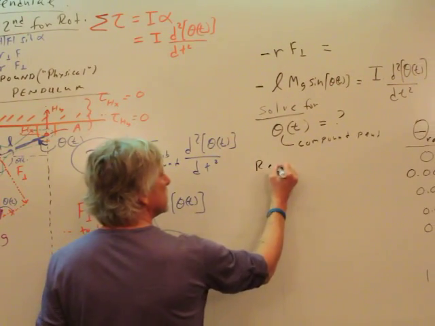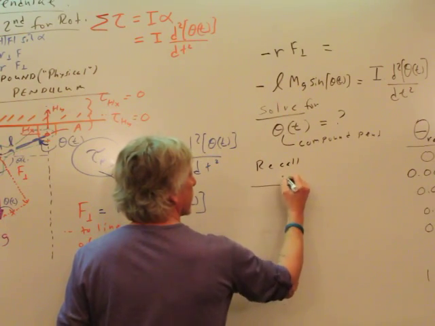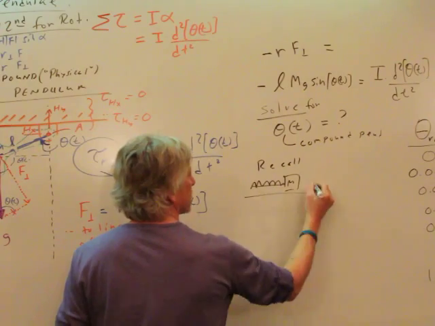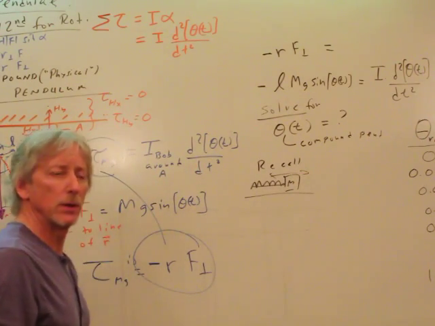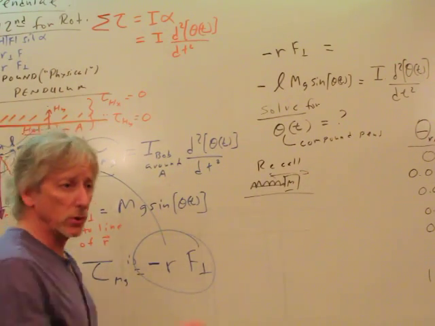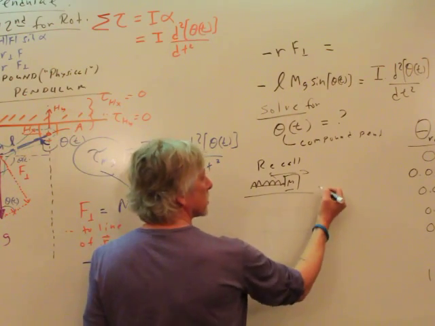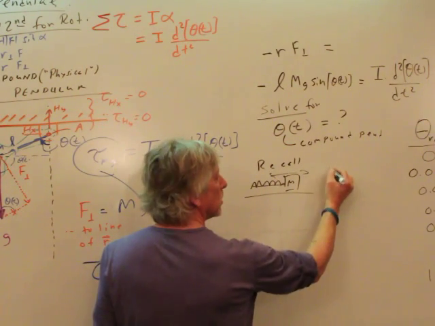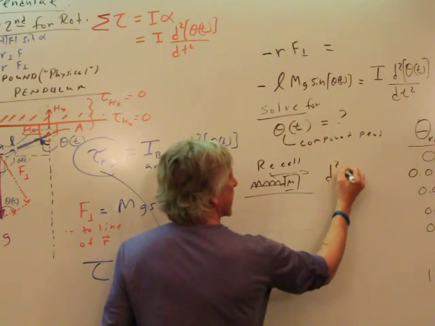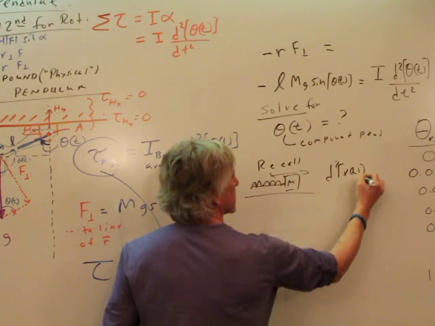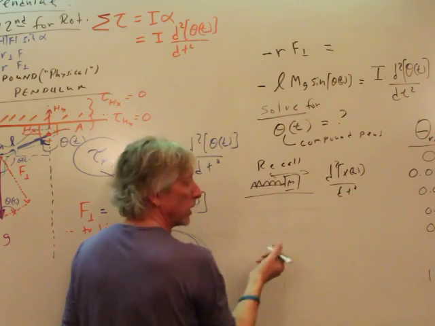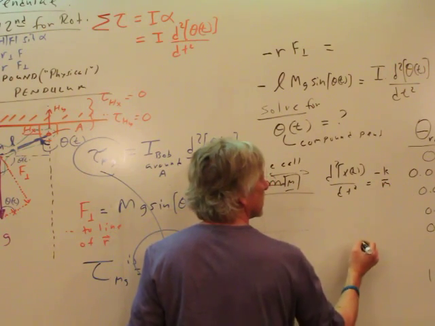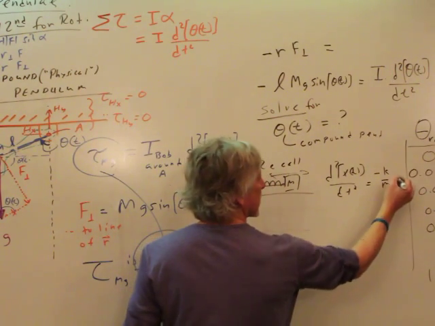So recall, for the case of a spring going back and forth, make sure you can do this just cold in your sleep, Newton's second law became the second derivative of the position with respect to time, the acceleration, was equal to negative a constant times the function.